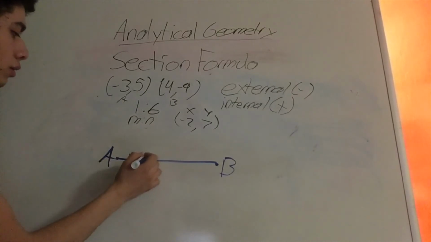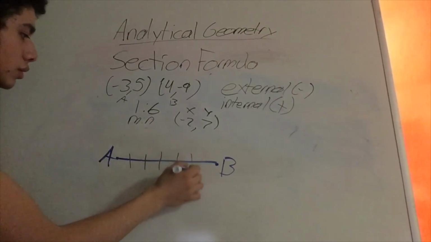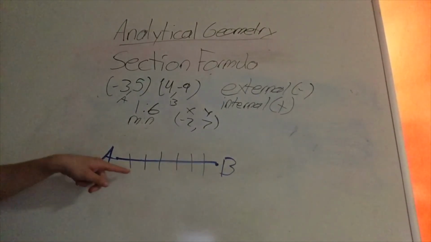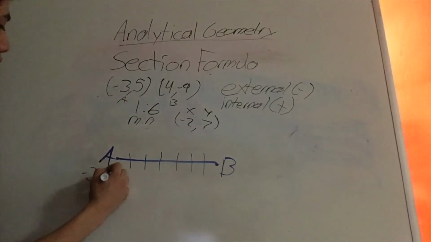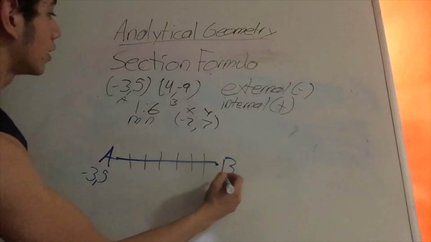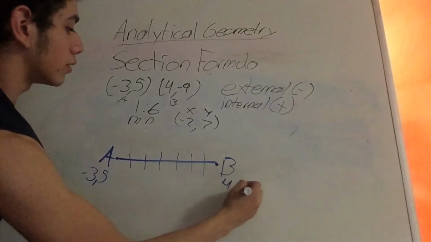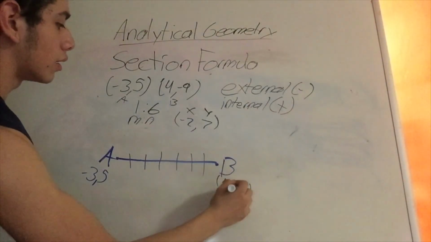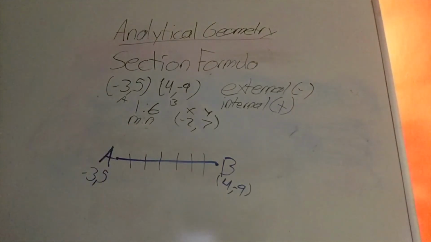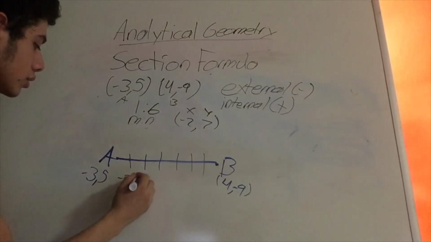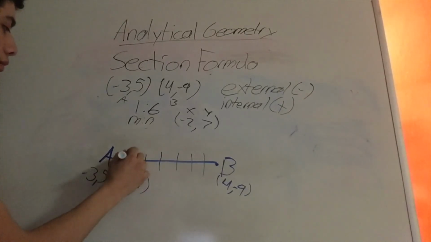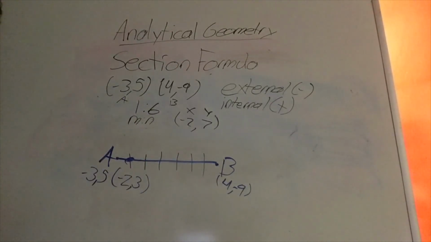So there. This would be (-3, 5) and (4, -9), and the point would be here around (-2, 3), with the ratio being that.